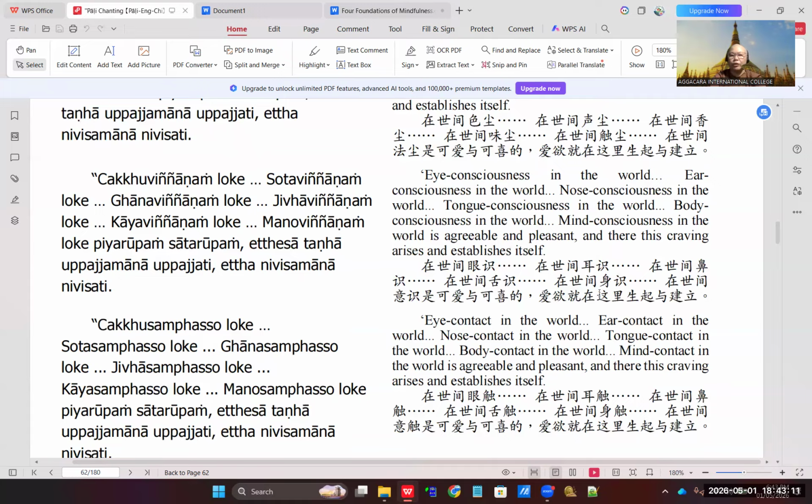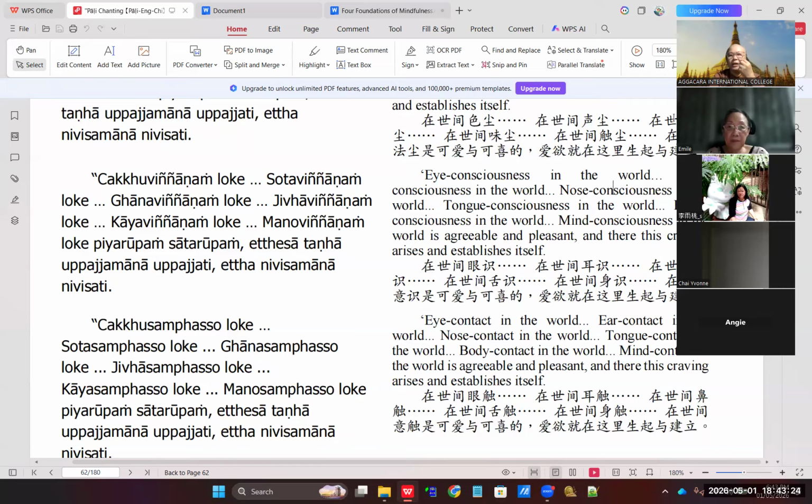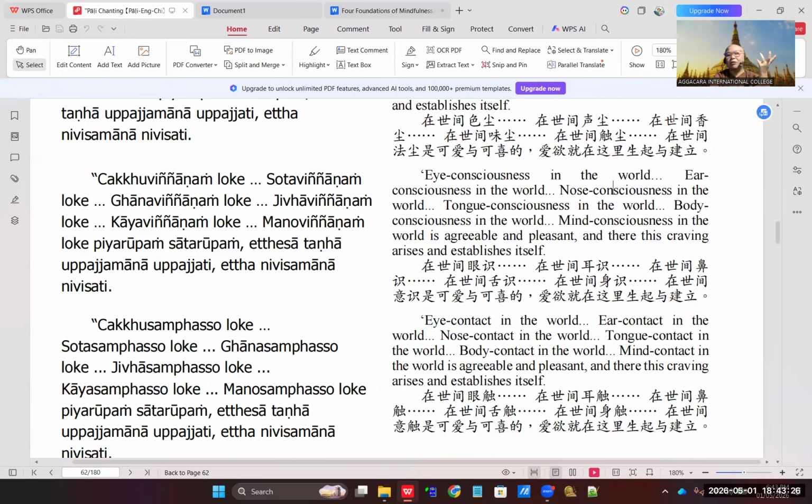So the craving will naturally exist there. For example, when the mind sees a beautiful flower, the mind will enjoy the flower. Then the craving. Then the mind hears the musical sound, the mind enjoys the musical sound, so the craving will exist there.